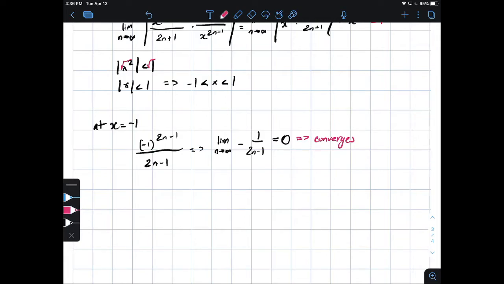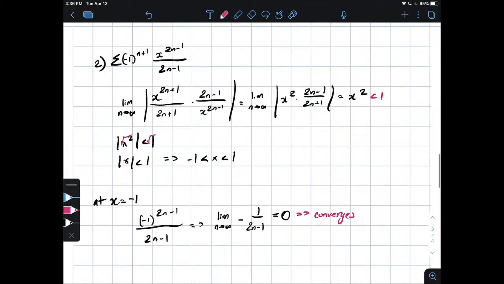Here, let me double check the notes real quick. That should be correct. So this interval of convergence of this series right here, x to the 2n minus 1 over 2n minus 1.